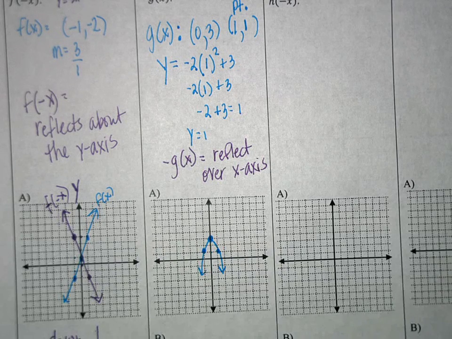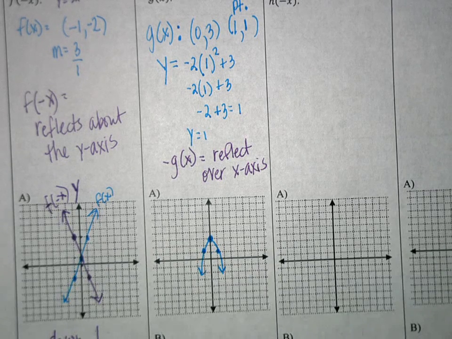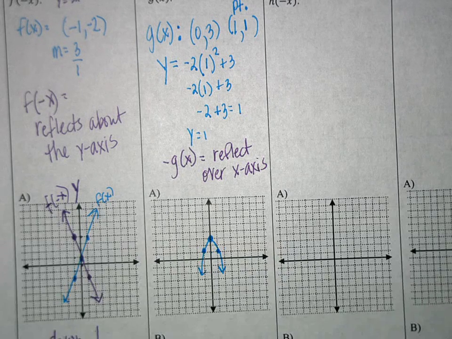What did we do? Very good. We counted the spaces between the y-axis and where my point was. So guess what I'm going to do with this one? The same thing. We are going to count the spaces to the x-axis though, since we're reflecting to the x.